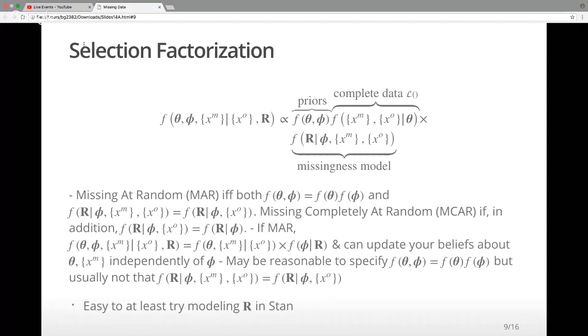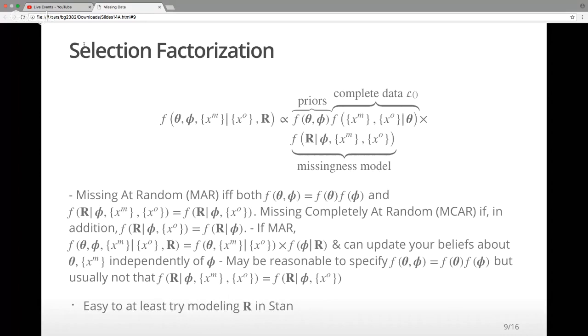We have a piece for theta and the missingness values conditional on the observed values, and we have a separate piece for phi given R. And these two pieces are independent of each other, in which case you could update your beliefs on the first part separately from your beliefs about the second part, or maybe just not even update your beliefs about phi at all. You can make inference about theta and m by itself.